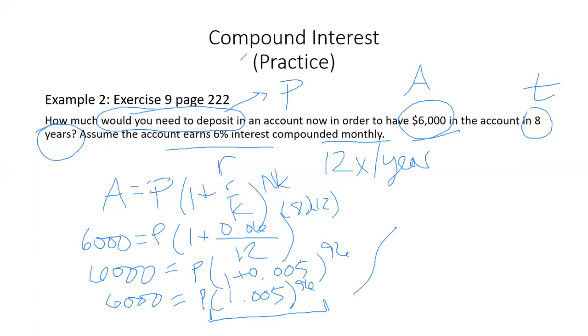So I'm going to just move over here. 6,000 is equal to P times, so whenever I'm calculating 1.005 raised to the 96th power, I should have 1.614143.